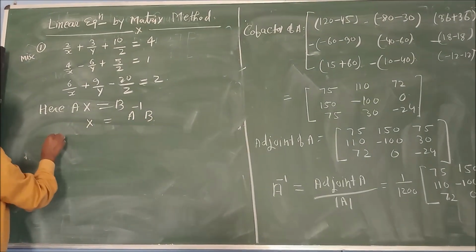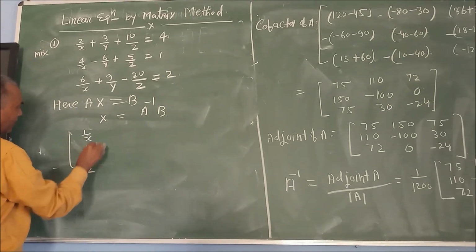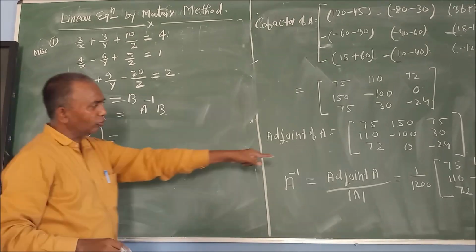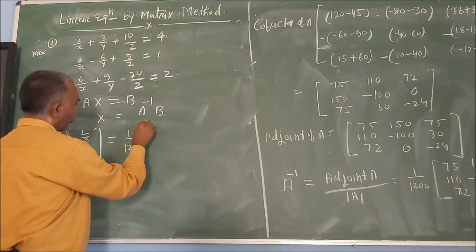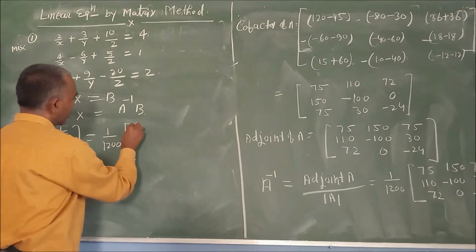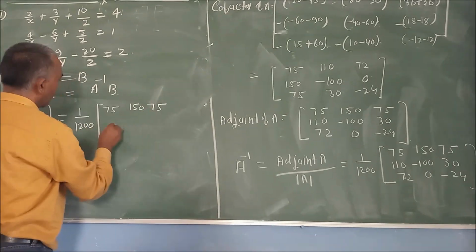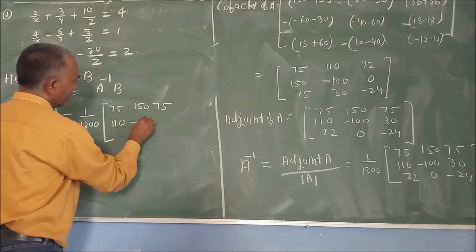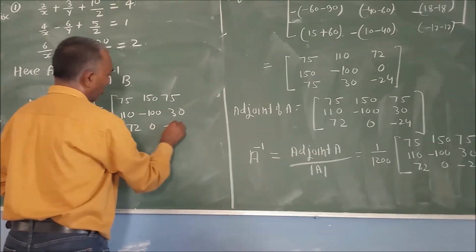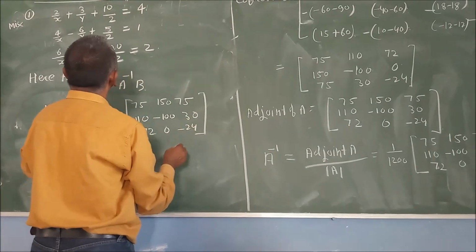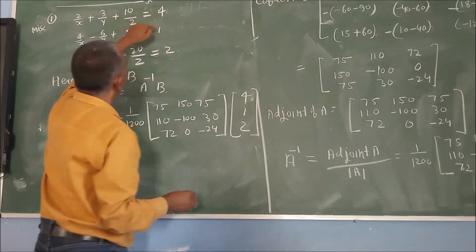That means 1 by x, 1 by y, 1 by z is equal to A inverse. A inverse you have already calculated. So this will equal 1 by 1200, 75, 150, 75, 110, minus 100, 30, 72, 0, minus 24 into B. B is here 4, 1, 2.